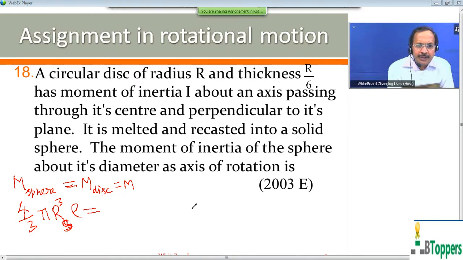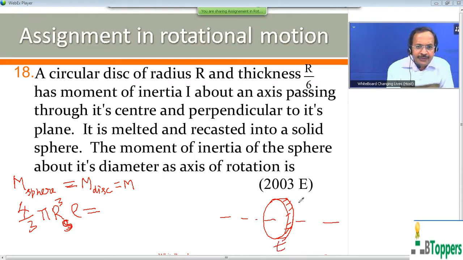Mass of the disc can be written as volume of the disc into density. So volume of the circular disc can be written as product of its face area and thickness.